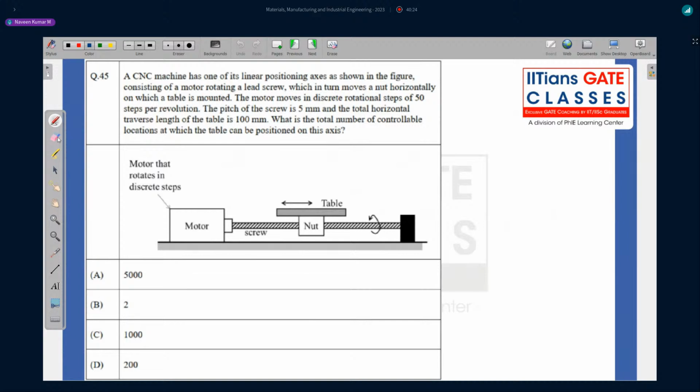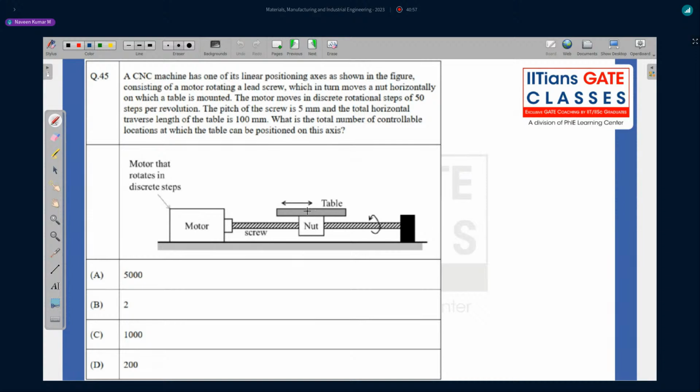A CNC machine has one of its linear position axes as shown in the figure, consisting of a motor rotating a lead screw, which in turn moves a nut horizontally on the table, which is mounted. So a motor is there, connected to a screw. This motor will rotate the screw, the screw will move the nut, and as the nut moves, the table also moves.